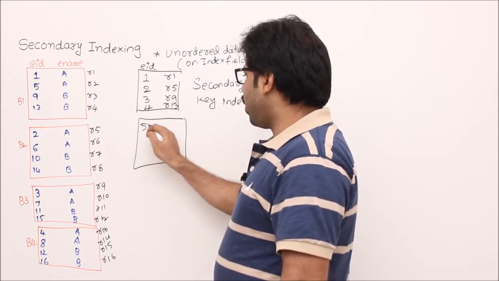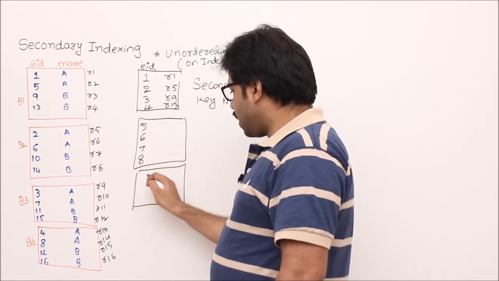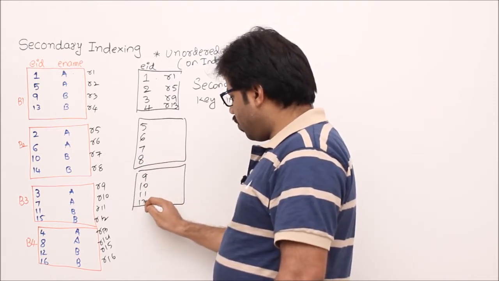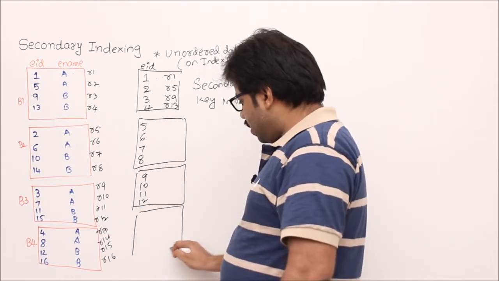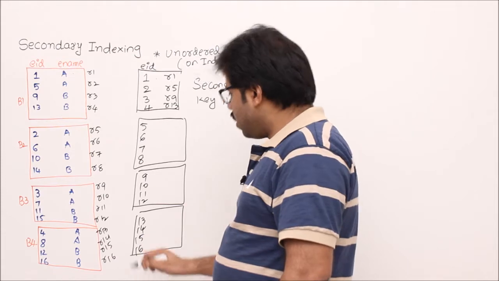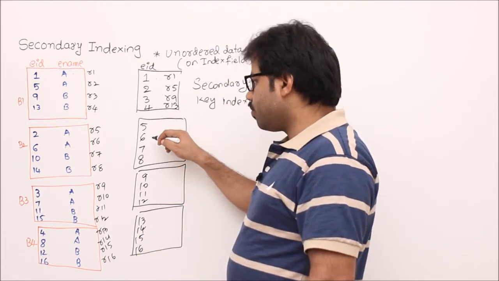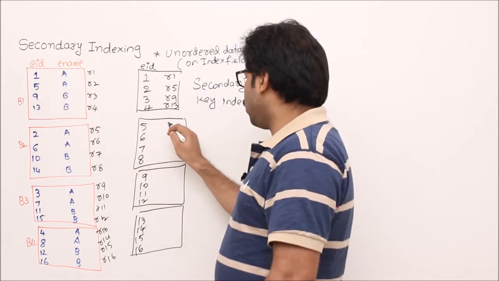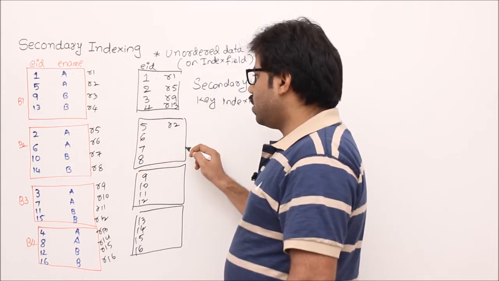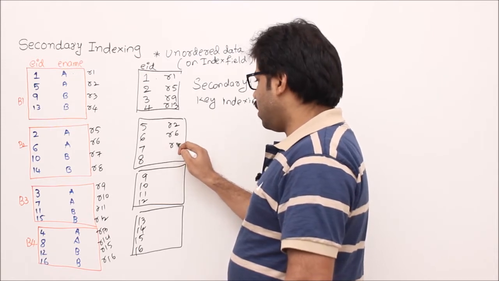Next, where is 5? Where is 6? Where is 7? Where is 8? We should write. Then where is 9? Where is 10? Where is 11? 12. Now we can write 13, 14, 15, 16. Their record pointers we will write. For 5 the record pointer is, just search, it is R2. 6 is R6. 7 is R10, right?